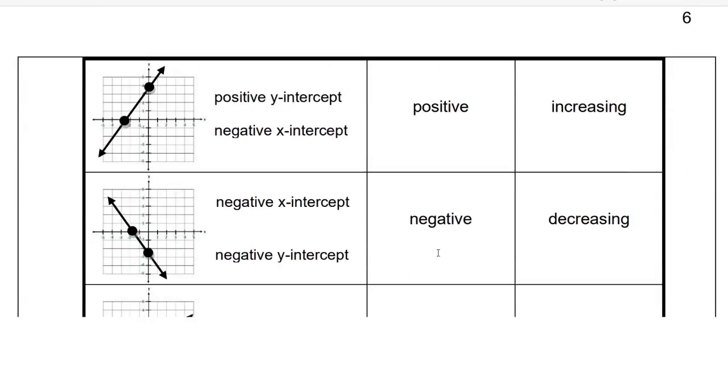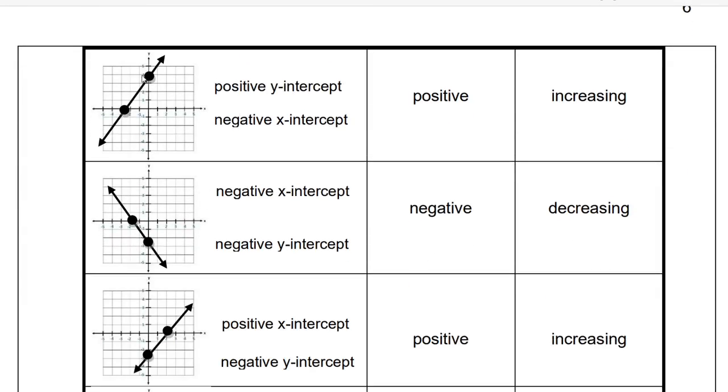Another, if you have a positive y-intercept and a negative x-intercept, therefore, the slope is positive, and you can say the graph is increasing. Another, if you have a negative x-intercept and negative y-intercept, your slope is also negative, and the graph is decreasing, or the trend of the graph.